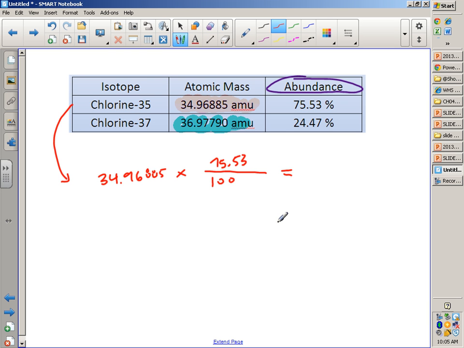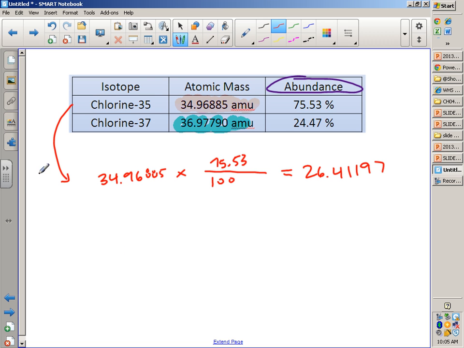What do you get? 26.411. That's close enough. Actually, what's right after the 1? It's like a 9, and then a 2, 7, and then a 2. Okay, so we'll chop it off there.